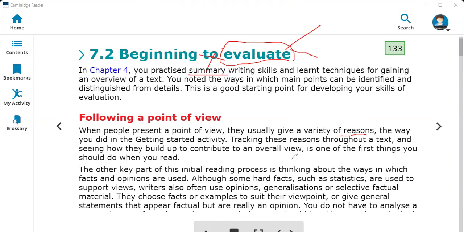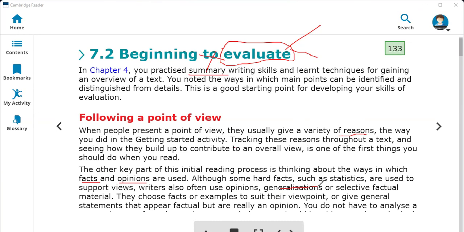Then you have to see, while reading that, what are the facts and what are the opinions. Although some hard facts like statistics are used to support a viewpoint, writers also often use opinions. Generalizations of selected factual material.